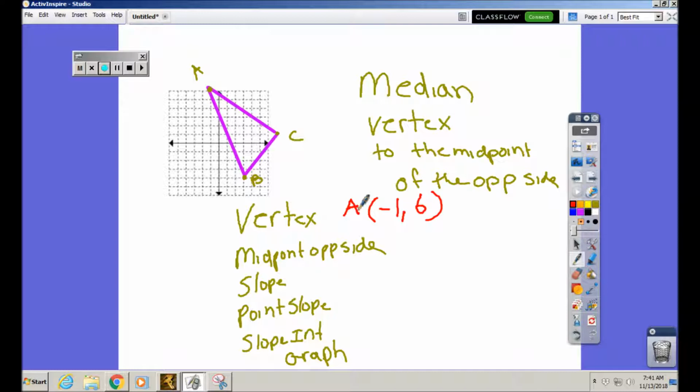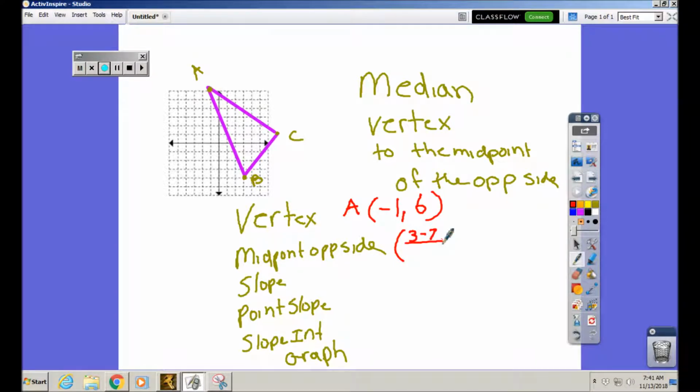So what side is opposite A? Opposite side means side not touching A. B and C. How do I know that? First of all, I can see vertex A is there. And also, notice how BC doesn't have the letter A in it. So, for B, to find the midpoint, the x value is 3.